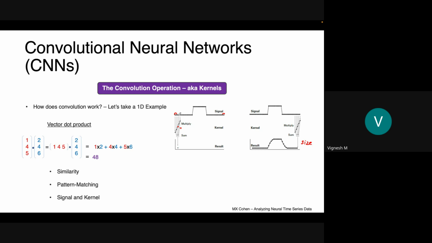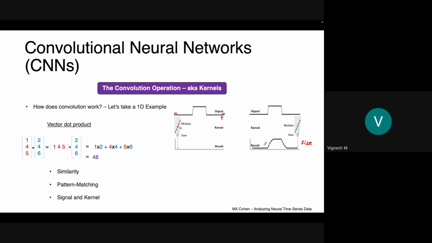The first point in the signal where the kernel is centered is the third point, and the last point is the second last point here. So in essence, the result is 4 points less than that of the signal, right?